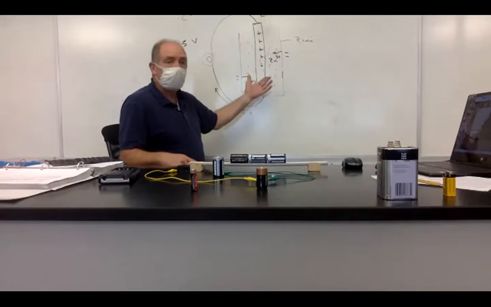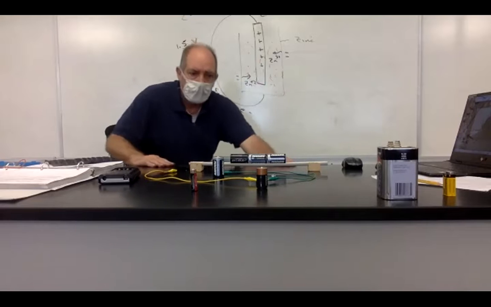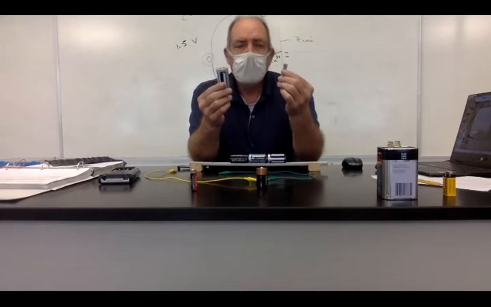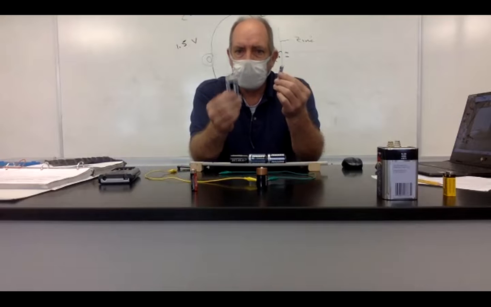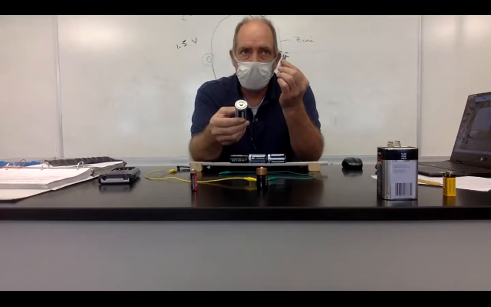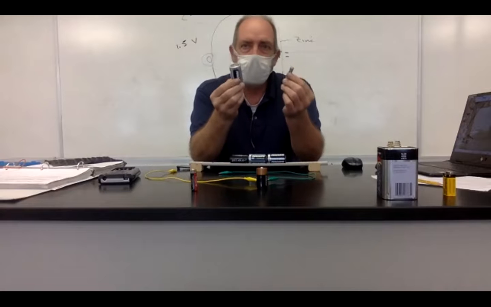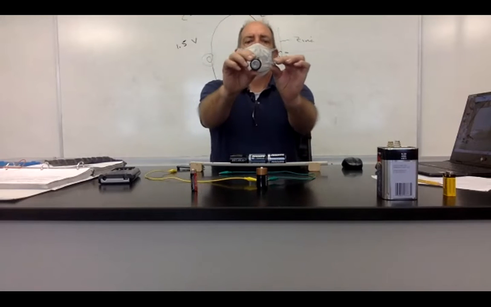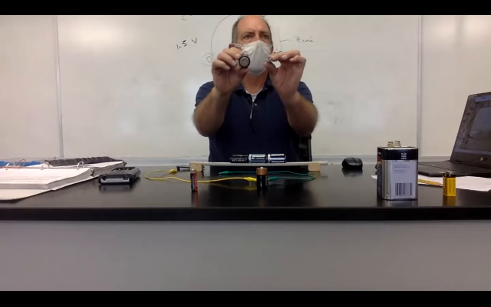When the chemicals run out, the battery dies. There's a whole lot more chemicals in here than here, so the lifespan for this is going to be way bigger. They cost approximately the same. This one's probably going to last, I don't know, 5 to 10 times longer.